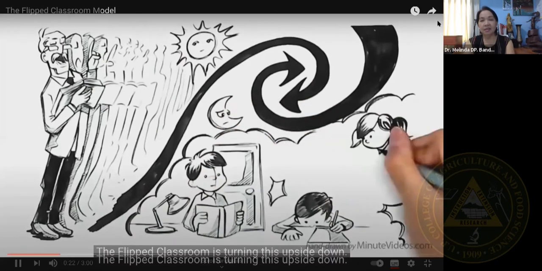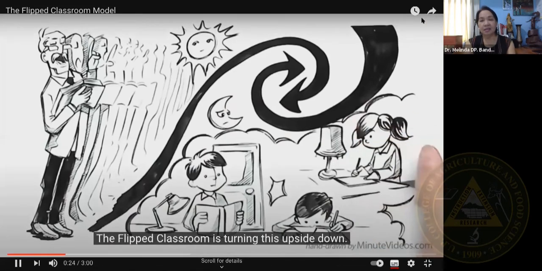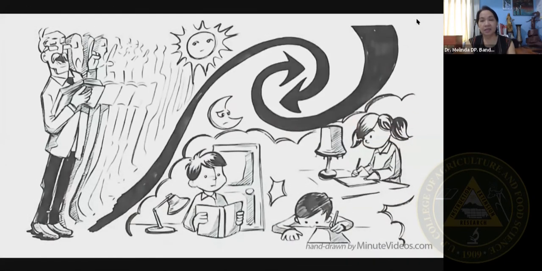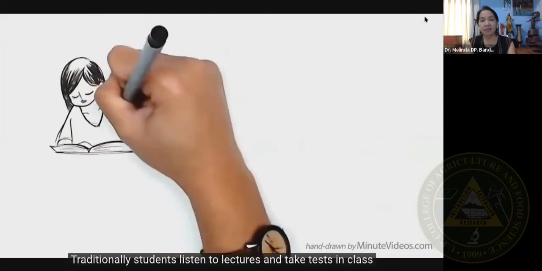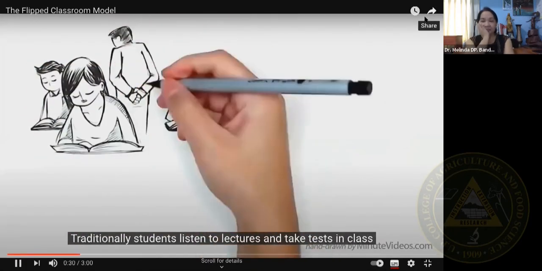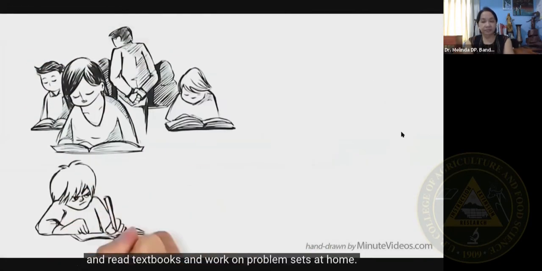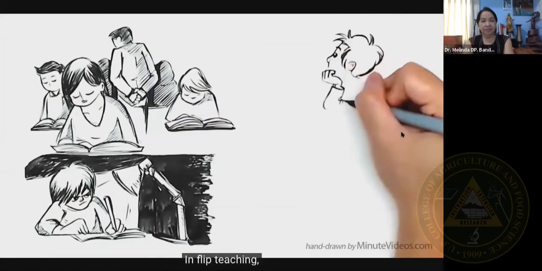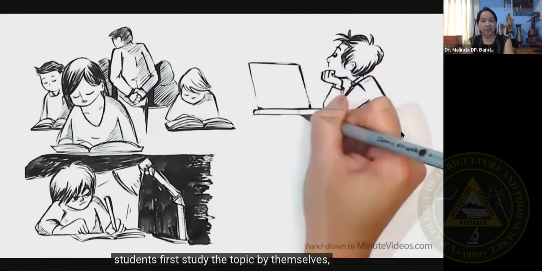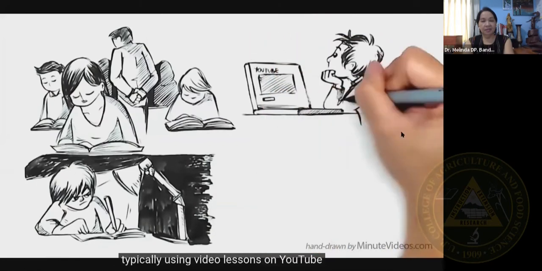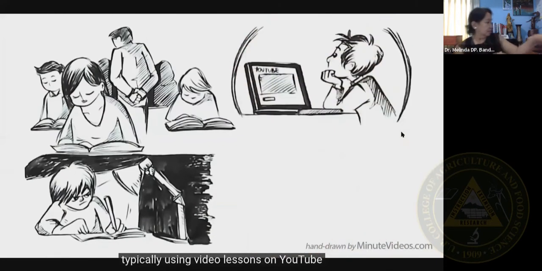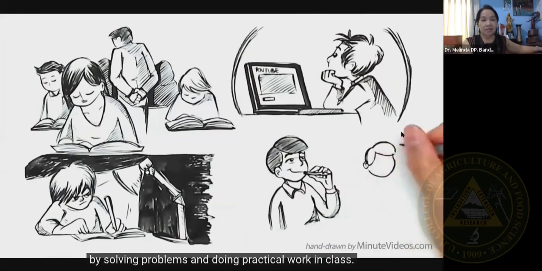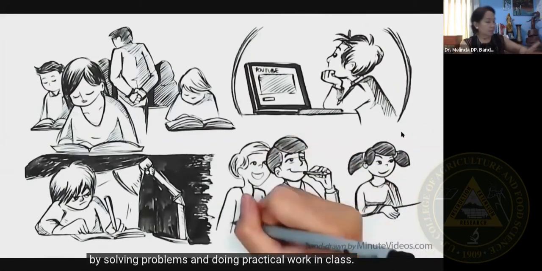The flipped classroom is turning this upside down. Traditionally, students listen to lectures and take tests in class and read textbooks and work on problem sets at home. In flipped teaching, students first study the topic by themselves, typically using video lessons on YouTube, and then apply the knowledge by solving problems and doing practical work in class.